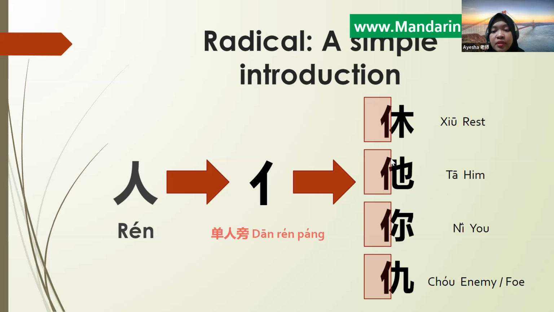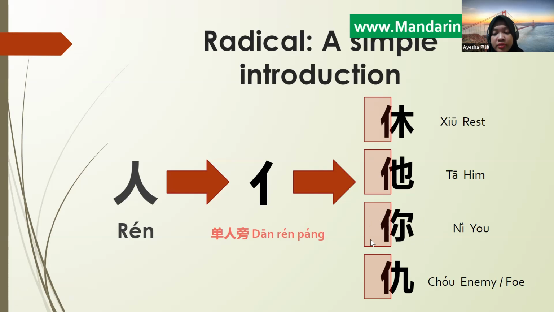So for him, they use the dan ren pang, the human being radical. But for her, they use a different radical. We will see later.